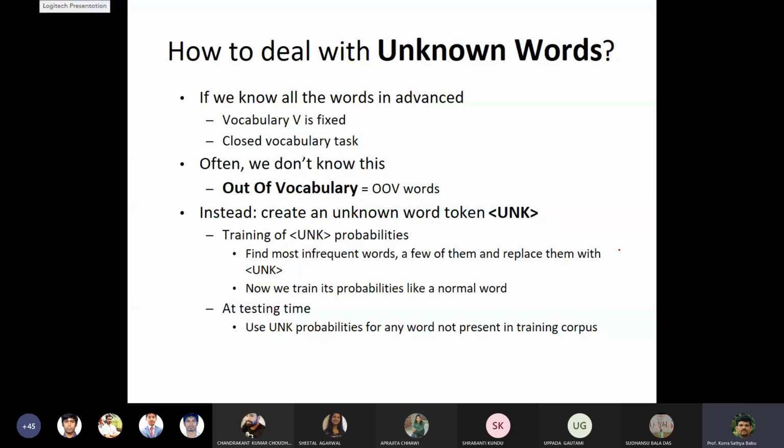How do we do it? Find the most infrequent words, a few of them, and replace them with these unknown words. Now we train with its probability like a normal word. During testing time, use these unknown probabilities for any word which does not appear in the training corpus. Fine.